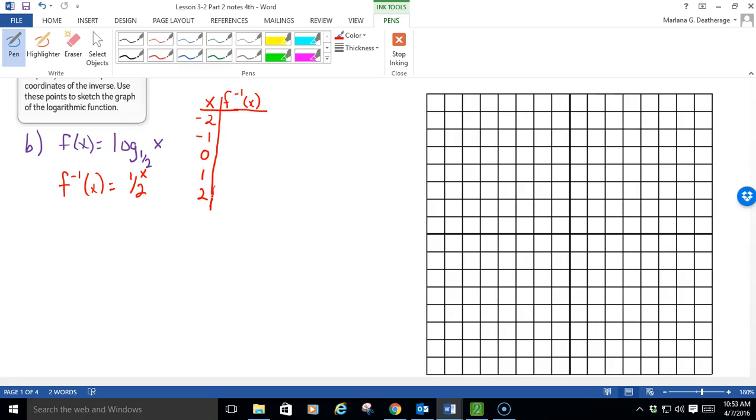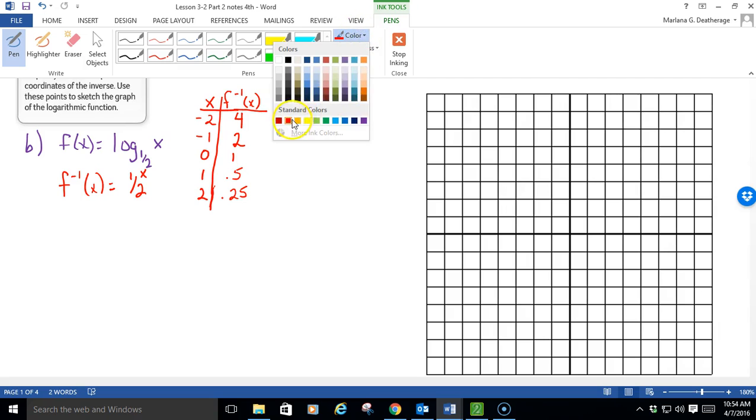It'd be 4, wouldn't it? What about 1/2 to the negative first power? 2. 1/2 to the 0 power? 1. 1/2 to the first power? 1/2 or 0.5. And 1/2 to the second power? 1/4 or 0.25. Alright, let's go over there and graph that real quick.